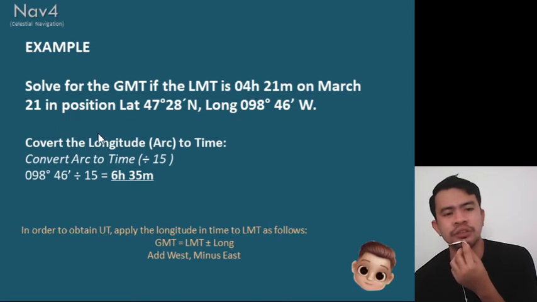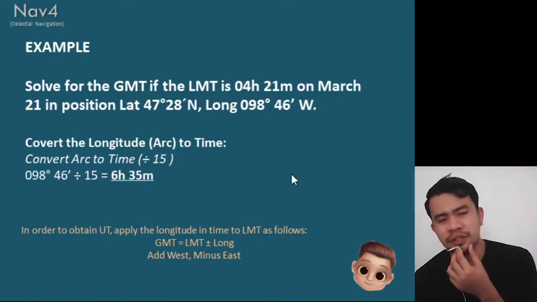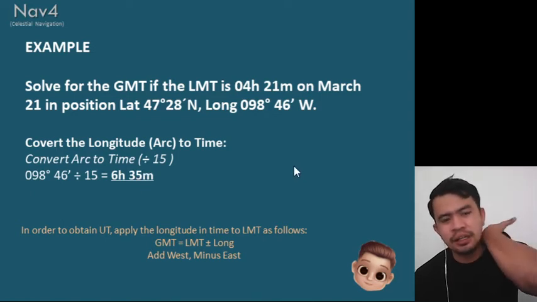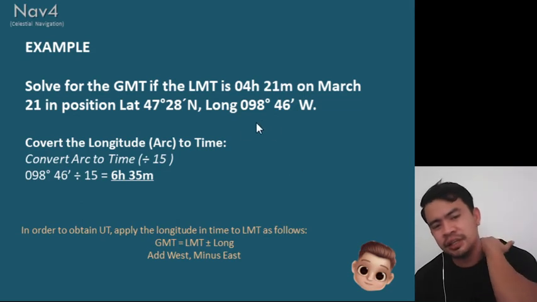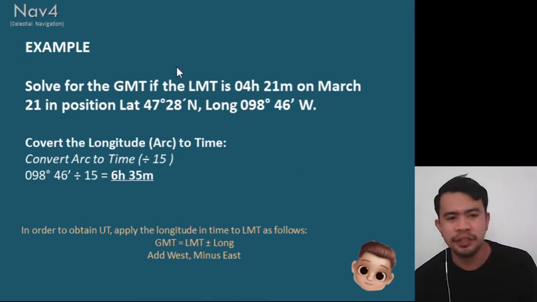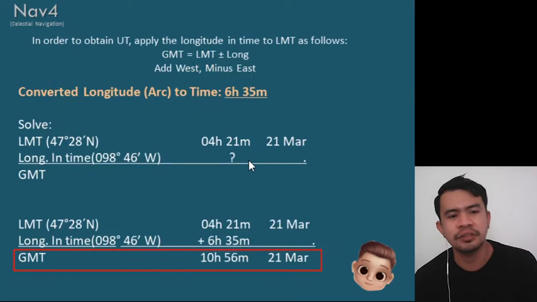Converting the longitude, which is an arc, we will convert it to time, so divide by 15. So 098 degrees 46 minutes divided by 15. You'll get 6 hours and 35 minutes on your calculator. Yun yung una natin ginawa kasi syempre hindi tayo makakapag-solve ng GMT or wala tayong idadagdag sa formula.